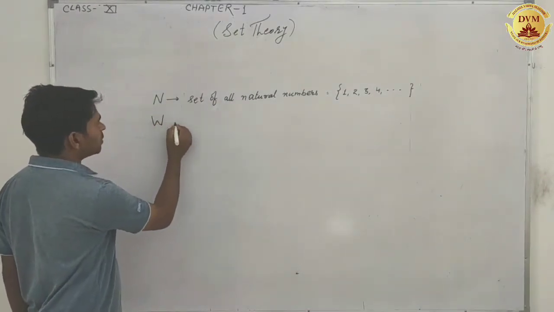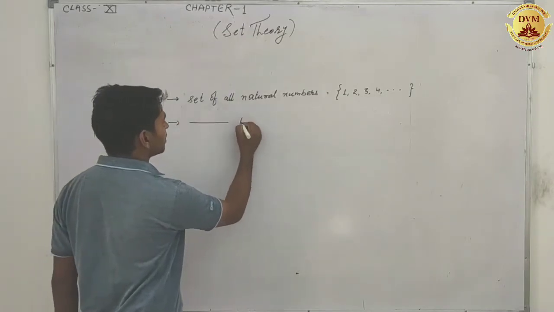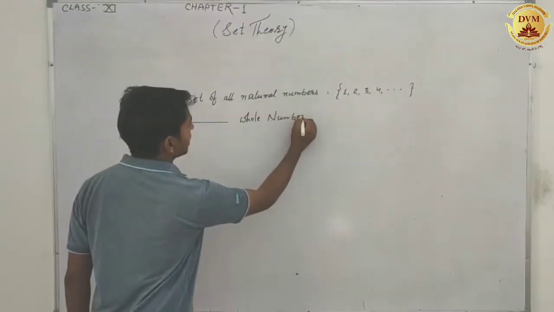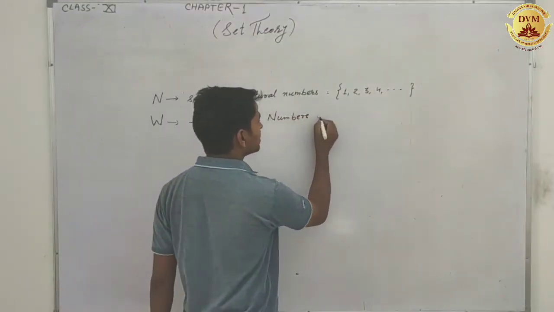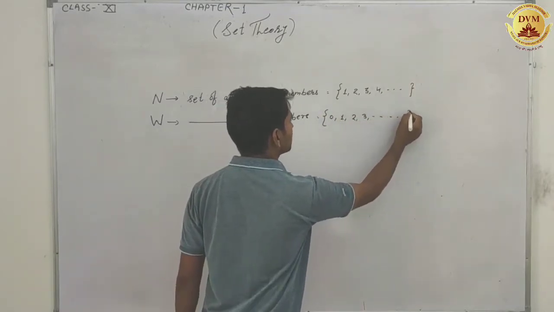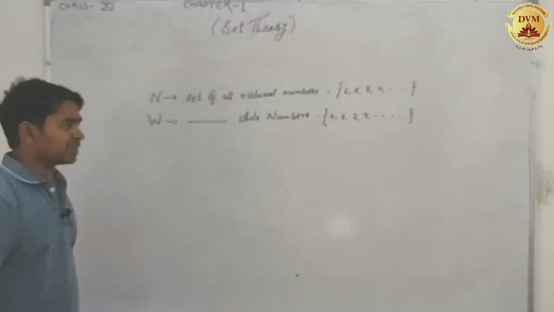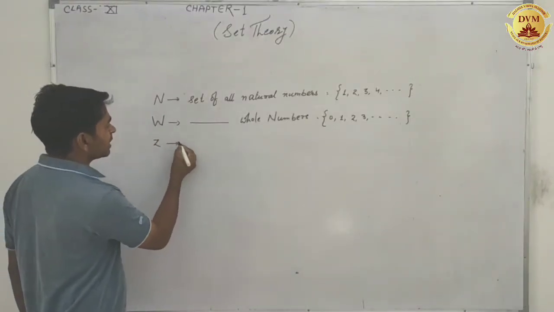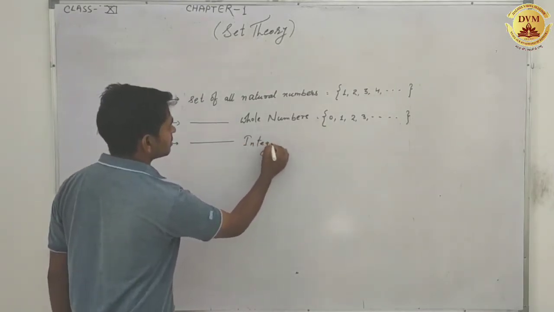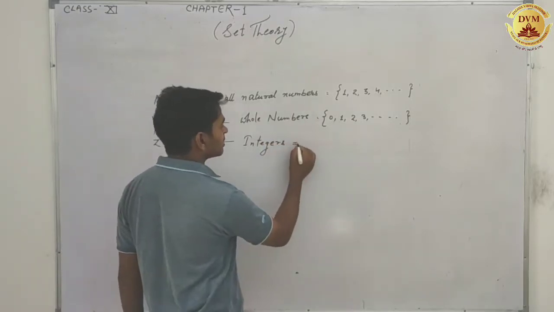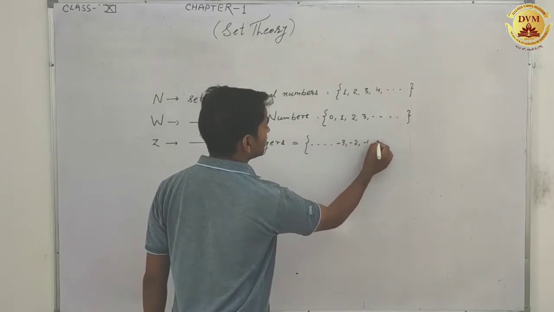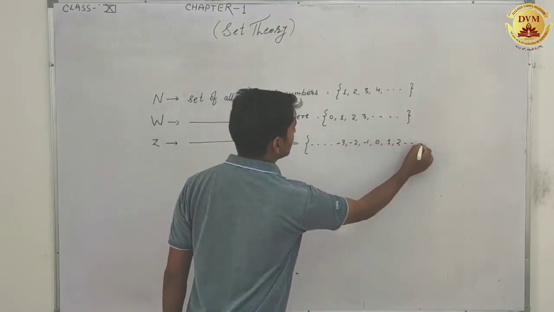Capital W means the set of whole numbers, that is 0, 1, 2, 3 and so on. And capital Z represents the set of integers, that is -3, -2, -1, 0, 1, 2.